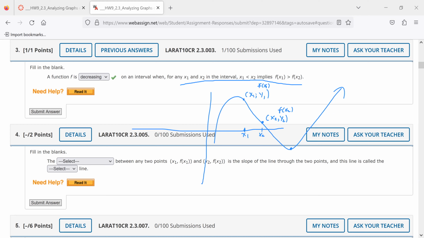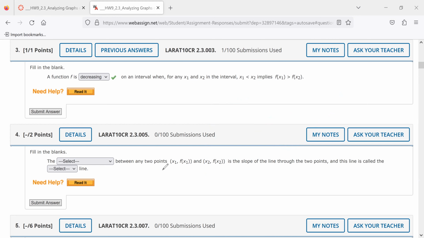Alrighty, so I'll clear that then. Between any 2 points, x1 and f of x1, in other words, don't let that notation bother you. That's the same thing as saying x1, y1, x2, y2. Same thing.